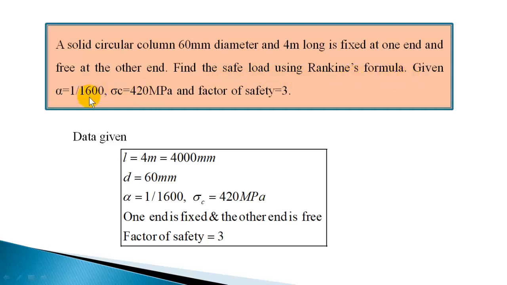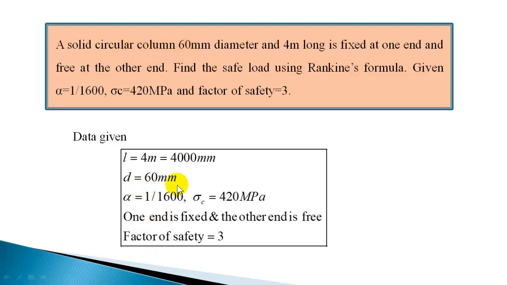Given alpha is equal to 1 by 1600 and sigma C is equal to 420 megapascal and factor of safety 3. So data given is length is 4 meter or 4000 mm. Diameter of the column is 60 mm, a solid circular cross section.